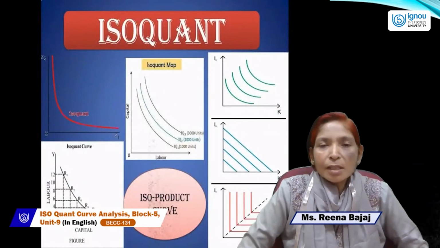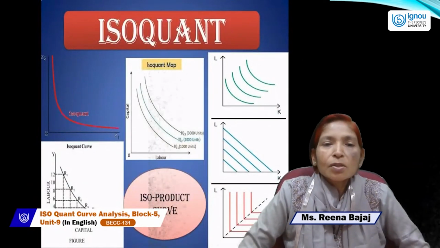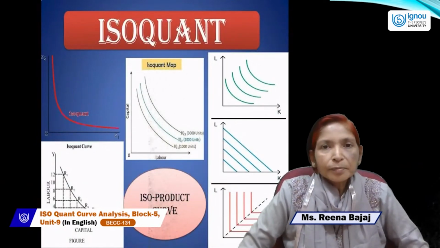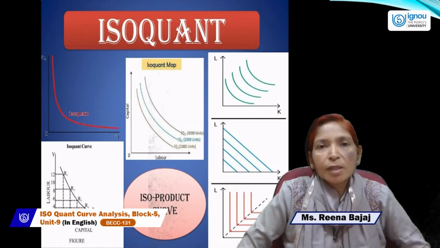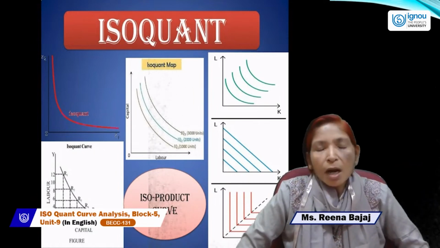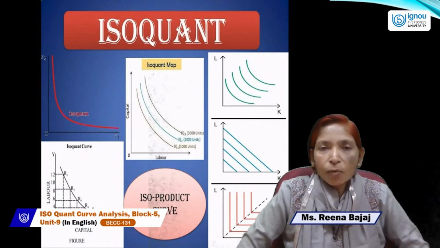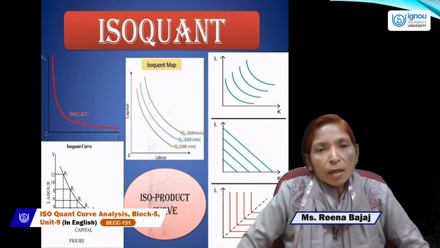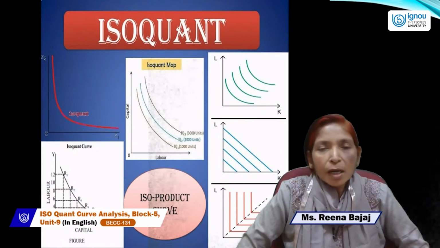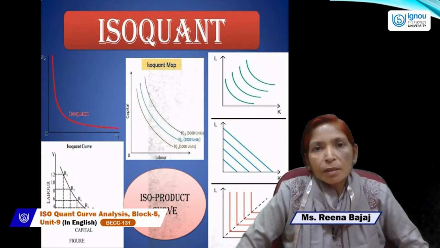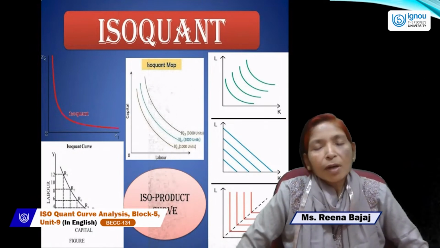Now, in today's session, we will discuss the iso-quant curve. First of all, you must understand the meaning of this iso-quant. Iso means equal and quant represents quantity. So iso-quant shows equal quantity or the same level of output.